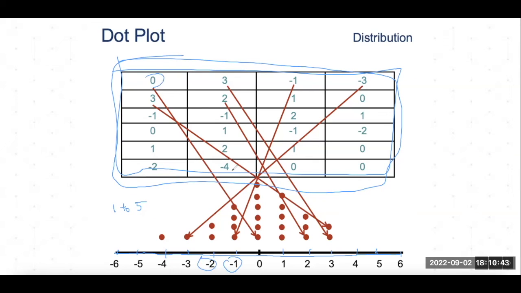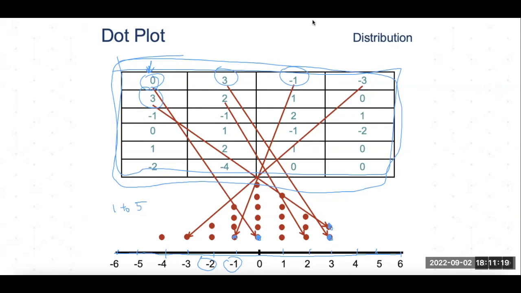So for example, 0, we'll start from the very top of this table, the data set. There's a 0 here, so I can plot a point, meaning there's a 0 data point in this dot plot. Then we'll go to 3, so you can follow the line here. We have a 3 in this dot plot, a -1 here, -3. If it repeats, so we're at 3 again, for example, we just stack it on top.